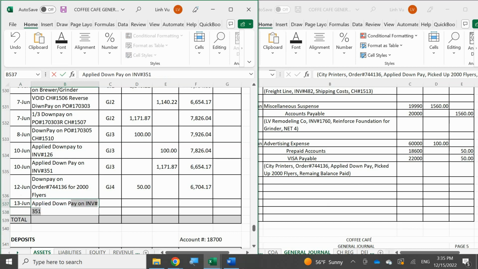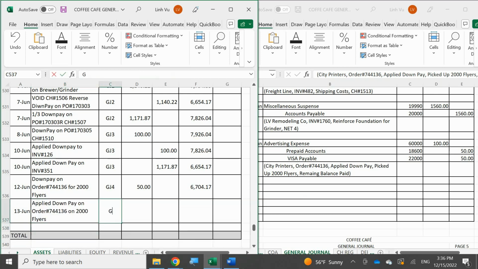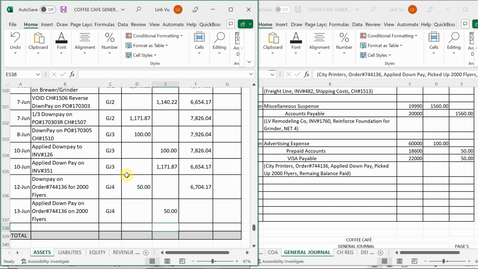Applied down pay on order number 744136 on 2,000 flyers. Right? One of them was to put a down payment. Now this one is to apply the down payment. General Journal page 4, which is going to reduce my prepaid by $50.